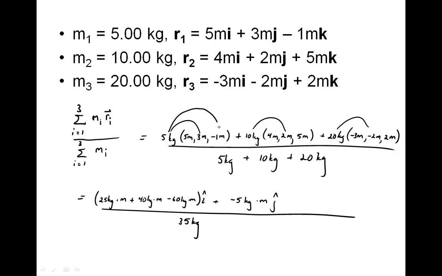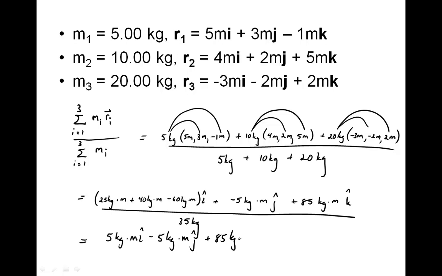Then I have minus 5 kilogram meters plus 50, so that's plus 45 kilogram meters, plus 40, so that's plus 85 kilogram meters in the k hat direction. And so in the end, I have 5 kilogram meters i hat minus 5 kilogram meters j hat plus 85 kilogram meters k hat all over 35 kilograms.